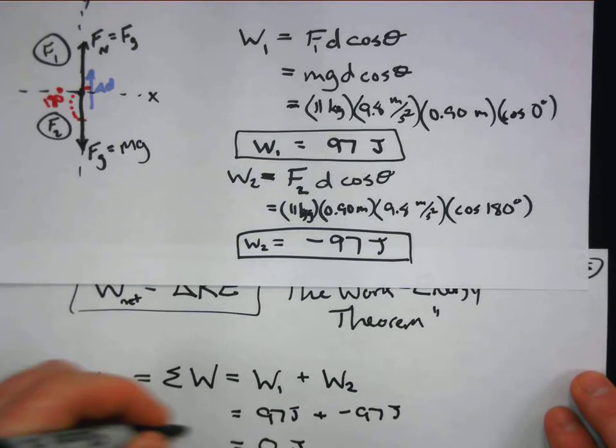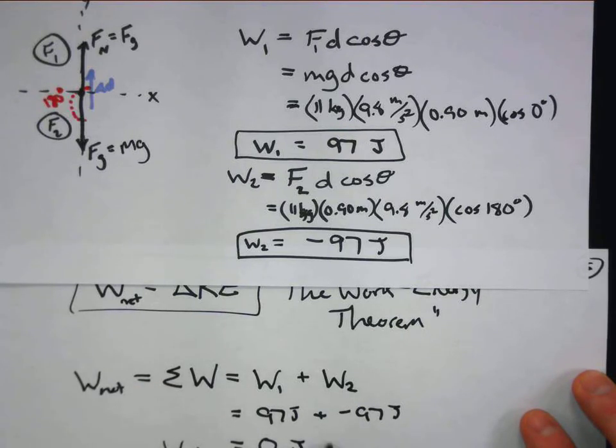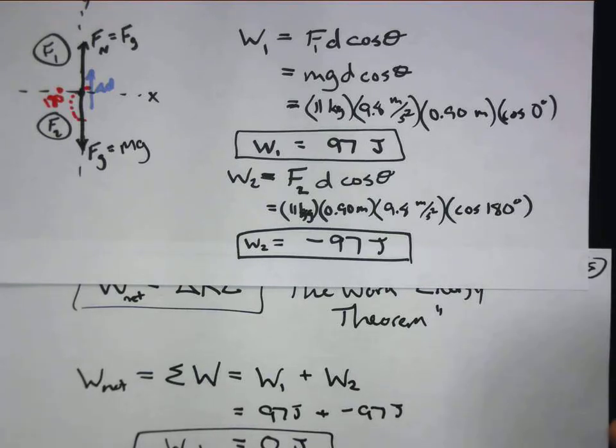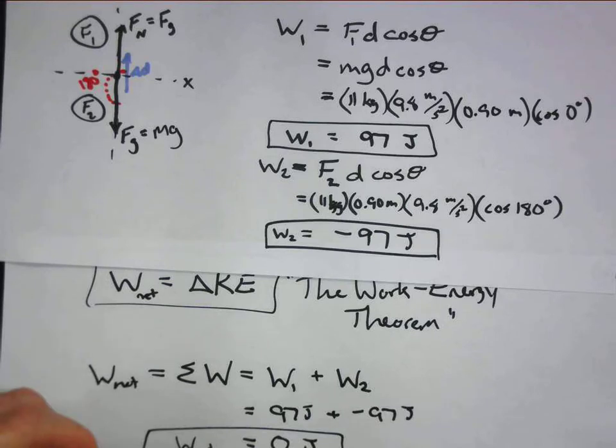Okay, so this is something we know about the previous problem also. The net work done is 0. Well, what does that mean? For our object that your teacher was lifting, it means that since no work was done overall, then by how much did its kinetic energy change?